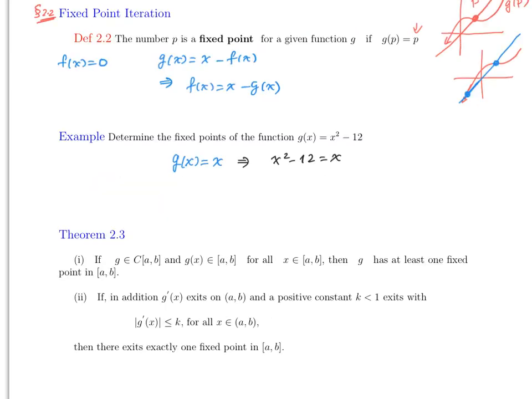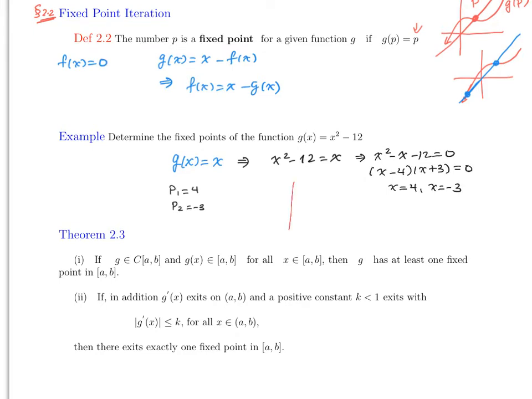Then we can make this equal to 0, so we have x squared minus x minus 12 equals 0. You can factor this easily. The answers are 4 and negative 3. Therefore, the fixed points are p1 equals 4 and p2 equals negative 3.